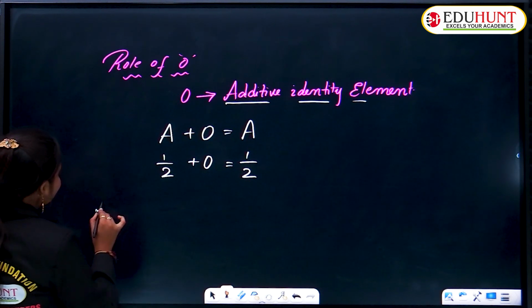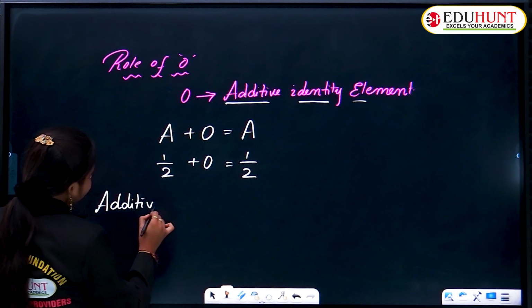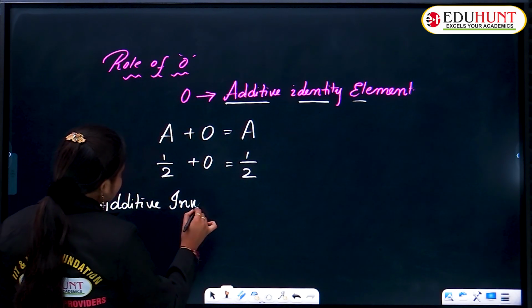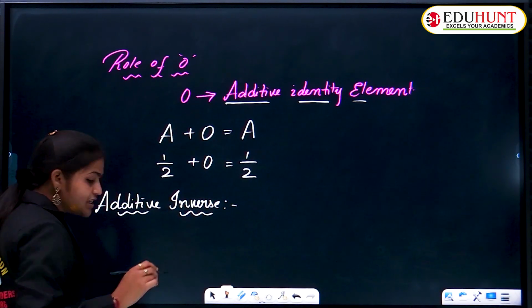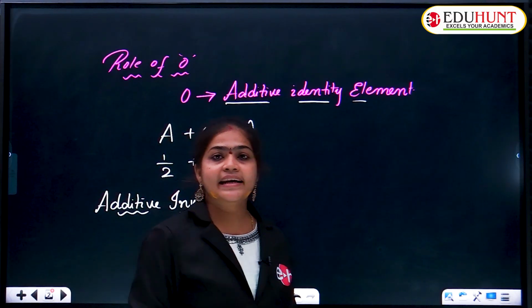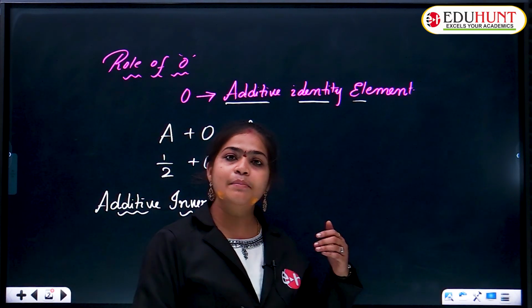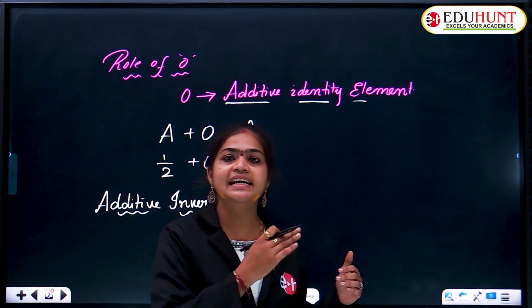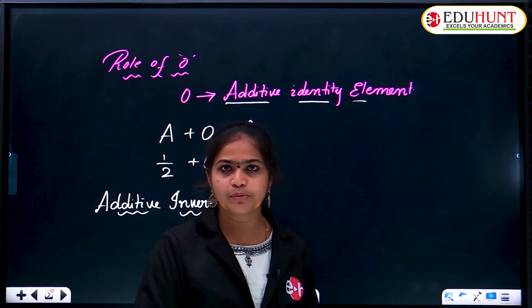Next we have the additive inverse. What about the additive inverse? We already have this concept: the additive inverse means changing the sign. For example, if a positive number is given, its additive inverse is negative. We learned this in the integers concept, right?